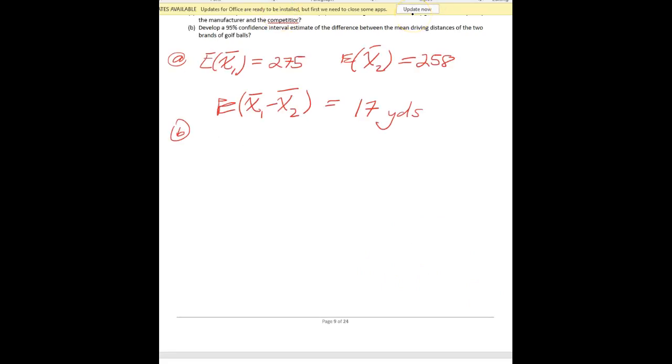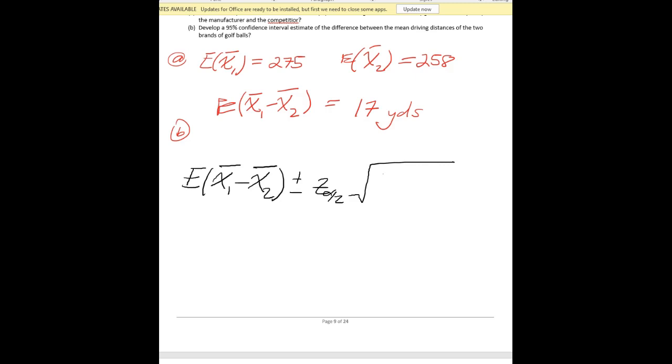All right, so the expected value of the confidence interval is just going to be our expected value of the difference plus or minus some z alpha half, some critical value, times that standard error.